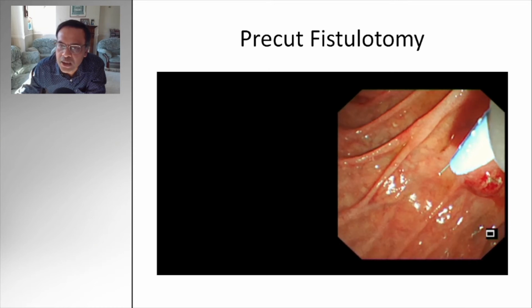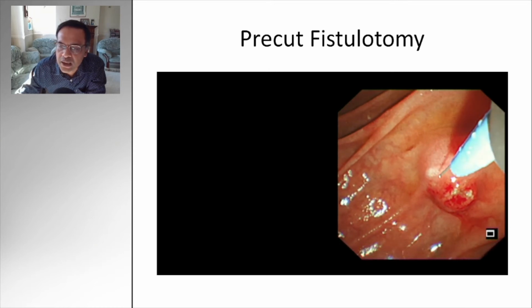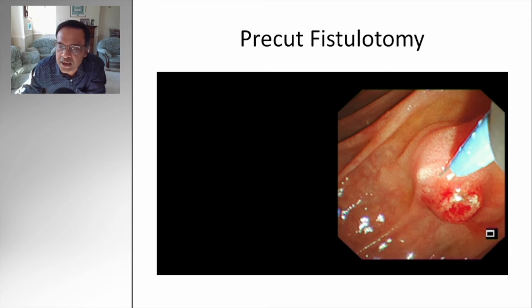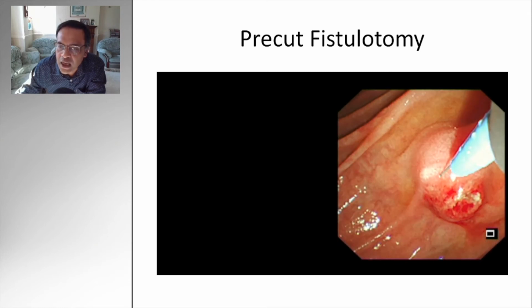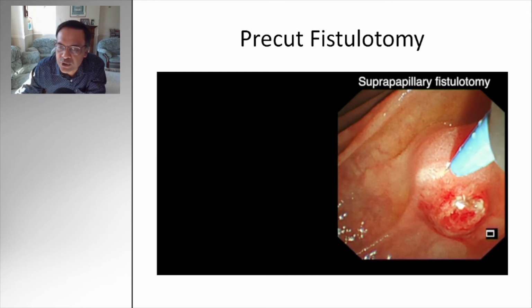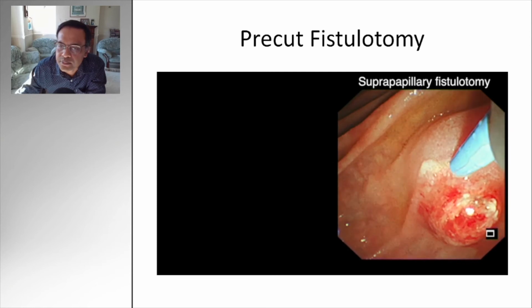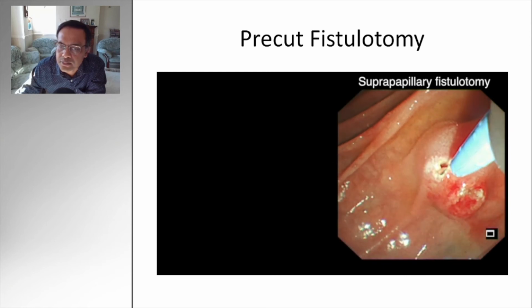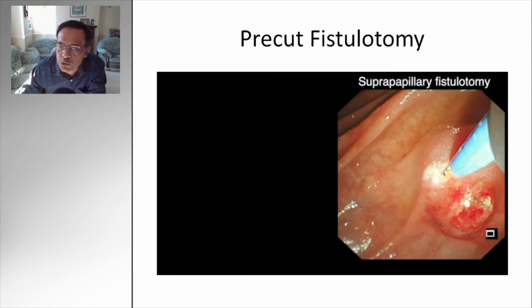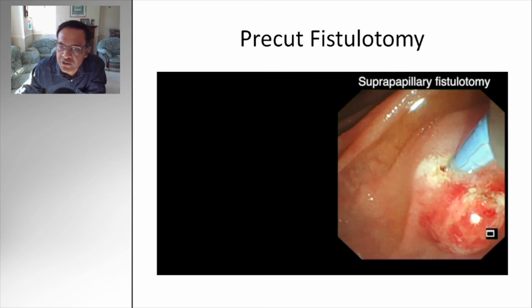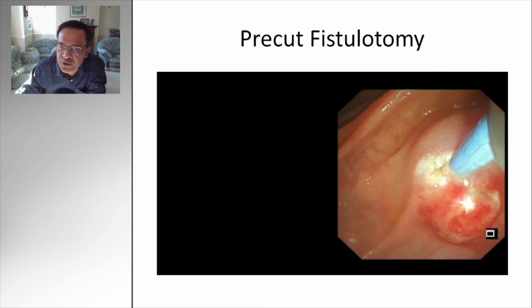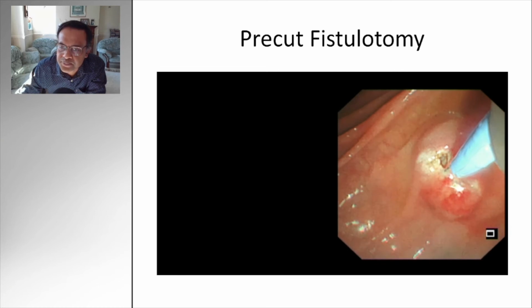You can see the papilla is bulging, and it is said that this is the ideal shape of the papilla for this technique. So we make the cut in a stepwise fashion, and the position of the cut is above the papilla.